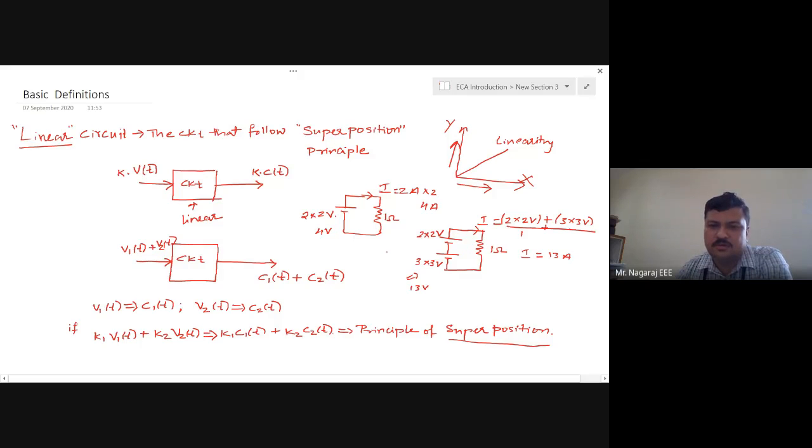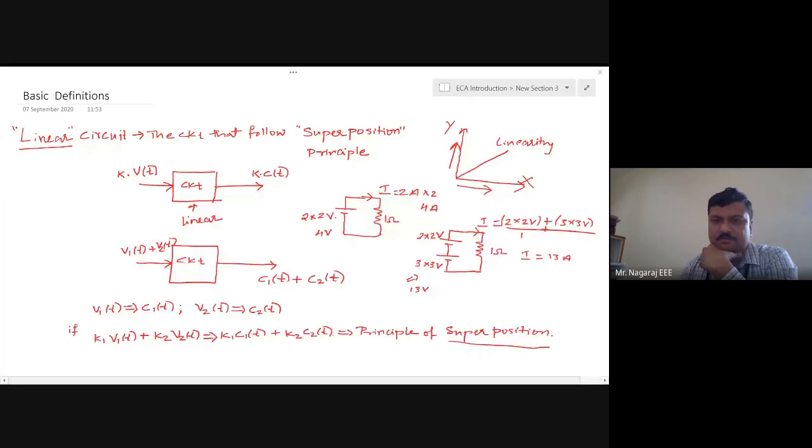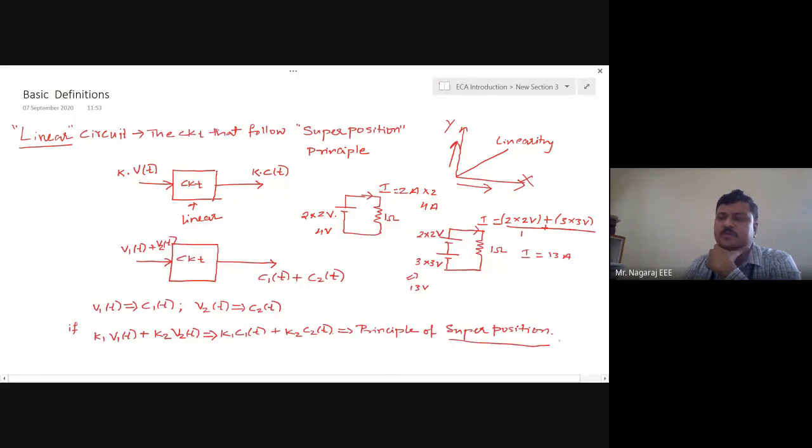So here the output is the weighted sum of input. If this principle is followed, that is called the principle of superposition. If the principle of superposition is followed, then the circuit is linear.